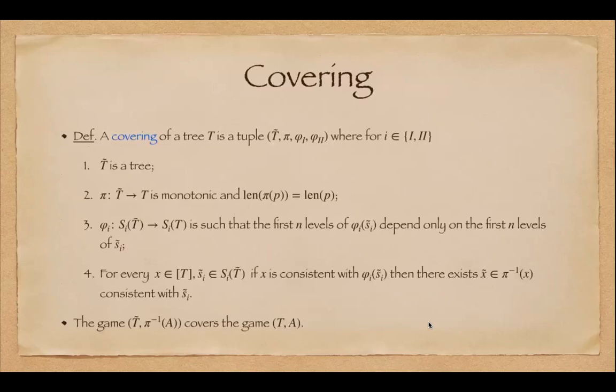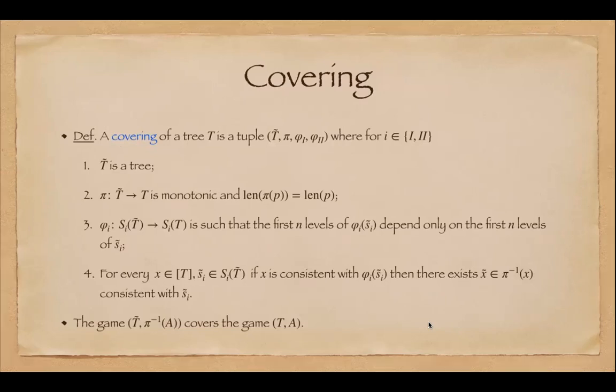Now we're starting the proof. It's a long, complicated, very technical proof, but a very nice one and an elegant one. And a key notion that is going to be used all through the proof is the notion of a covering. So what is a covering?